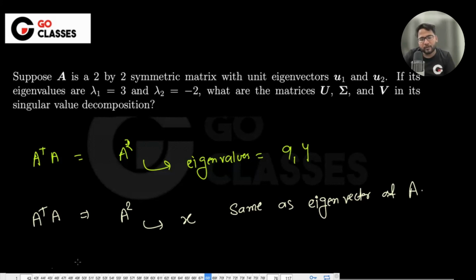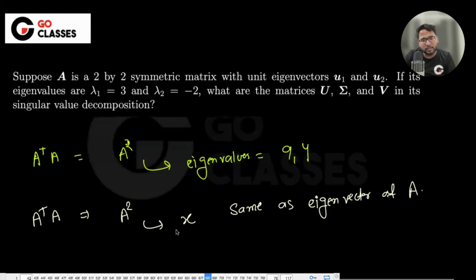See, these are the two different eigenvalues. Here, you are getting the eigenvectors u1 and u2, which have to be orthonormal to each other, right?